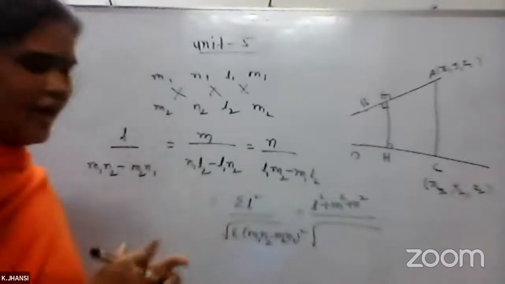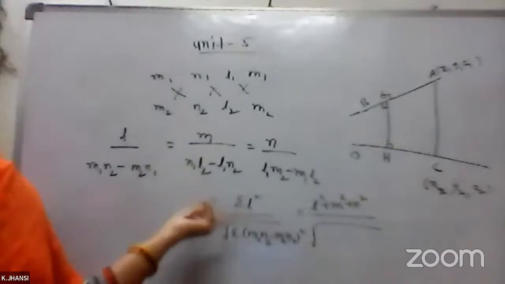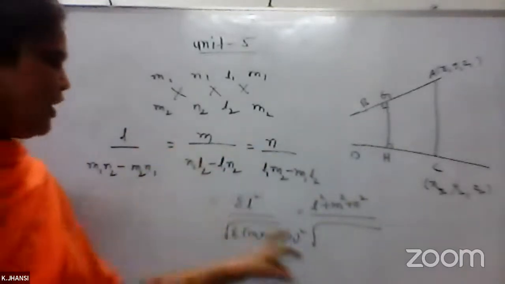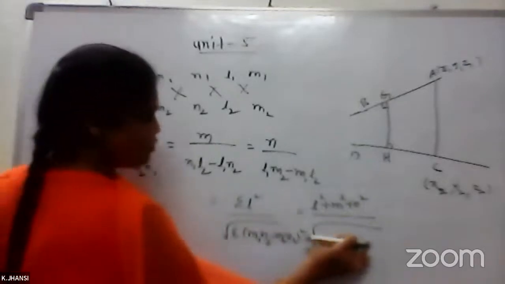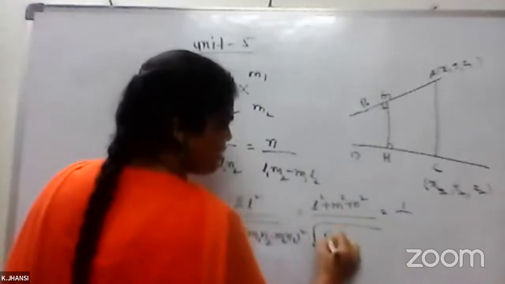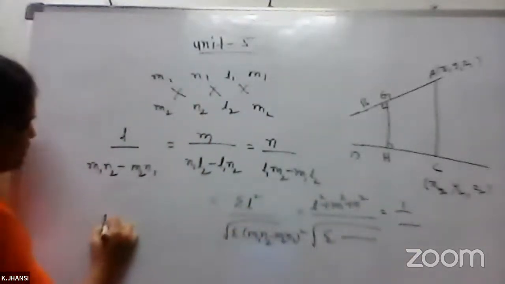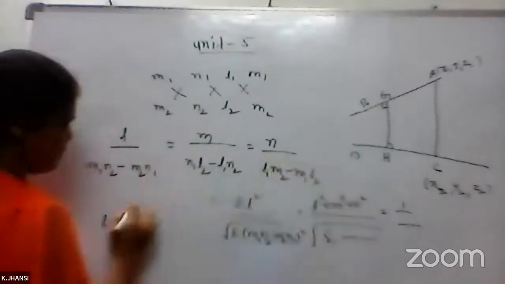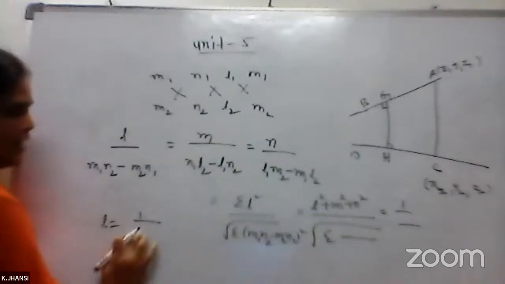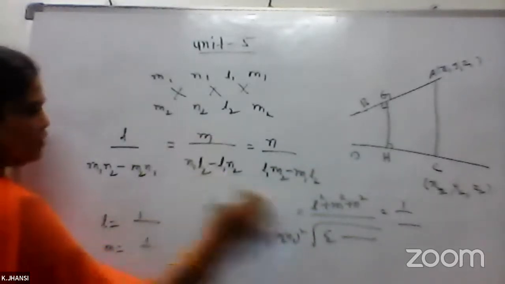How do you find the direction cosines? We know a by the square root of a square plus b square plus c square. Similarly here, whatever is in the denominator of the l, m, n values, you have to square those. This value is 1, so l equals 1 by this value, and m equals 1 by the square of that.